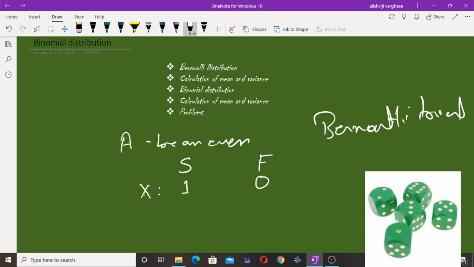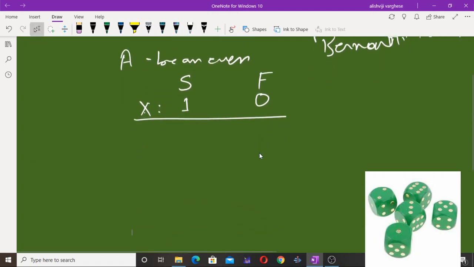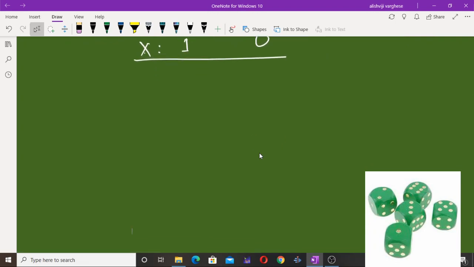And the random variable, which is defined like this, which takes two possible values 0 and 1, is known as a Bernoulli random variable.